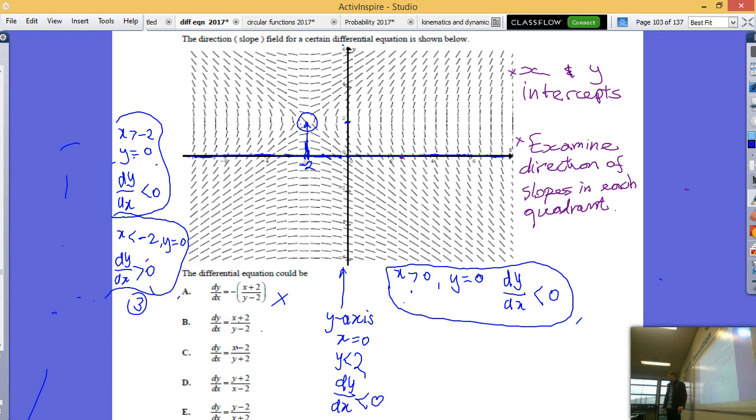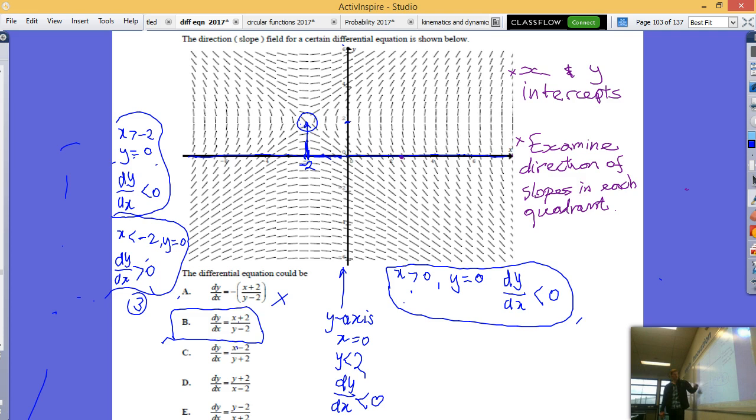Does B follow that condition? Let's check. All right. Let's make x equals 0. So put a 0 in your numerator. So the numerator overall is positive. Divide by, now, we're making y less than 2. So a number less than 2 subtract 2. What happens to the denominator? Negative. Yeah. Positive divided by negative is negative overall. That's consistent, isn't it? So we're pretty certain there.